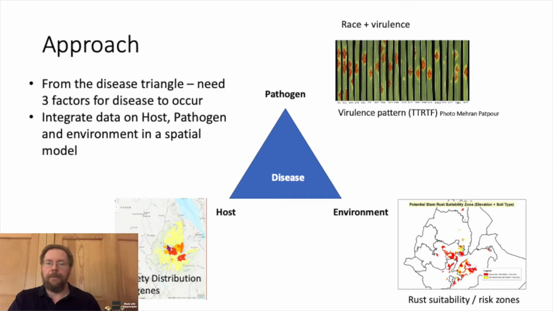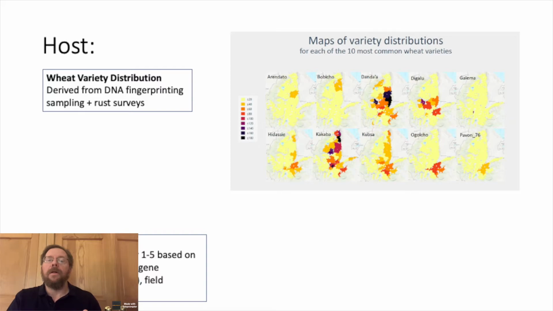So next slide. This slide shows the popular wheat varieties and their distribution and the intensity of the planting in Ethiopia. Much of this data was gotten from DNA fingerprinting that was done quite recently.